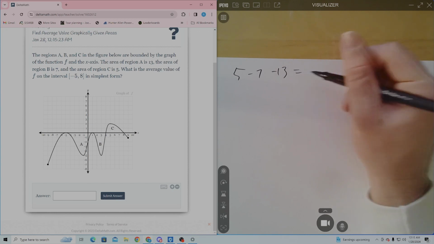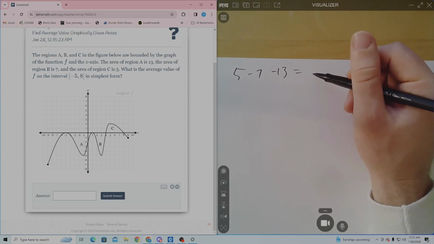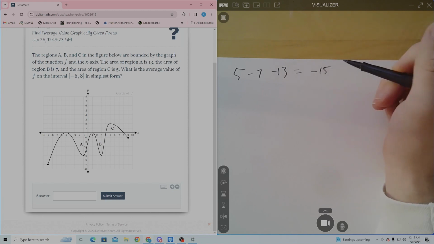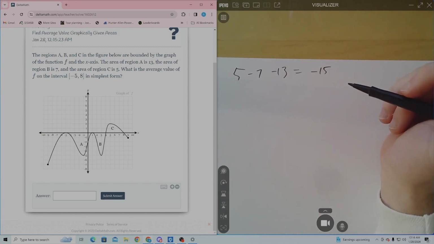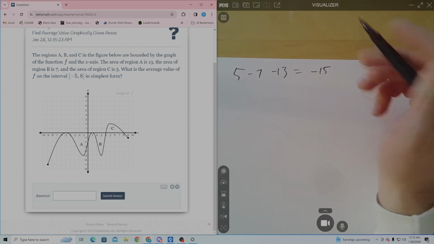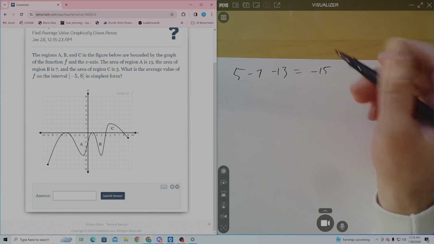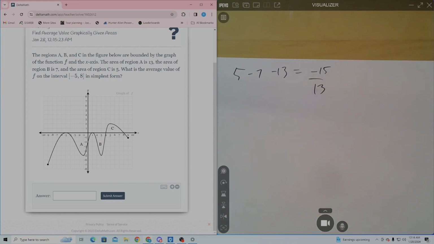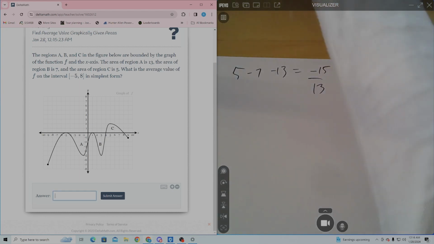I think it's -15. Then divide that by 13 because the width is 13. So -15 over 13. Seems a little weird, but let's see.